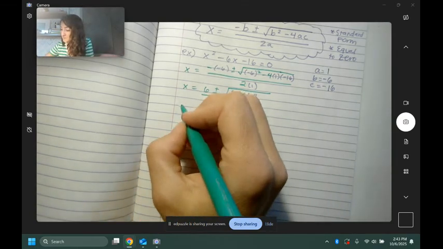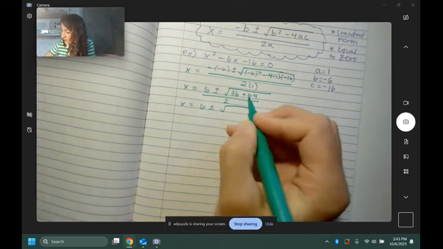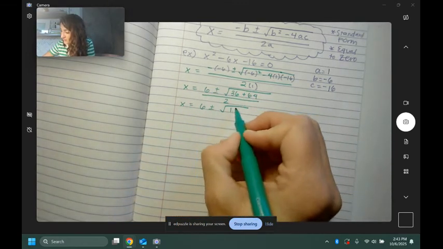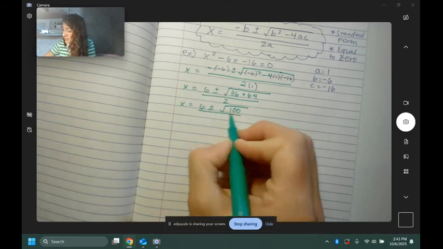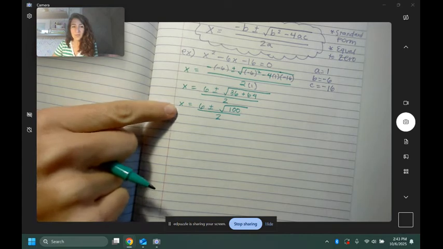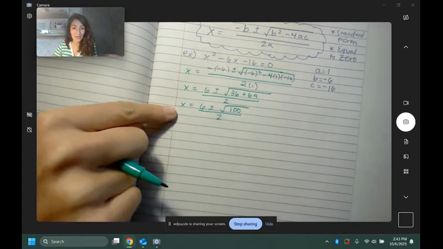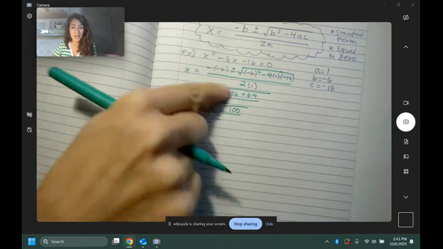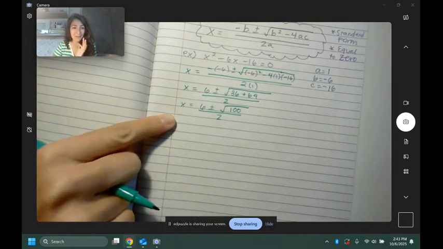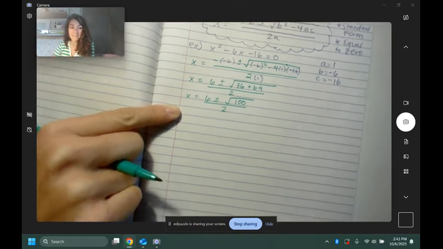Okay, let's keep going. x equals 6 plus or minus the square root of 36 plus 64, which is 100, all over 2. If you're wanting to plug this into a calculator, I wait until this step because there's a lot going on. Your calculator can make mistakes, those typing errors. I try to simplify as much as you can before you enter it in.